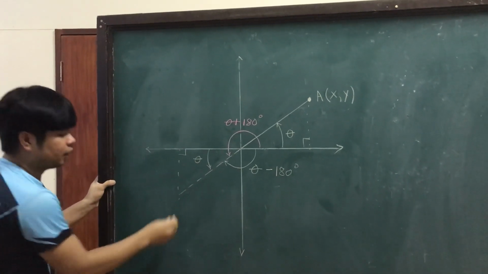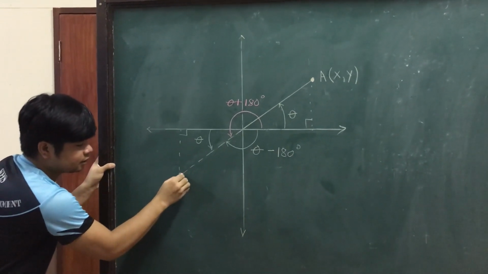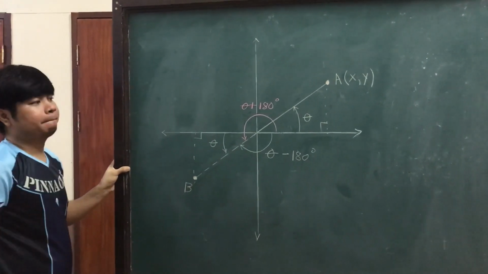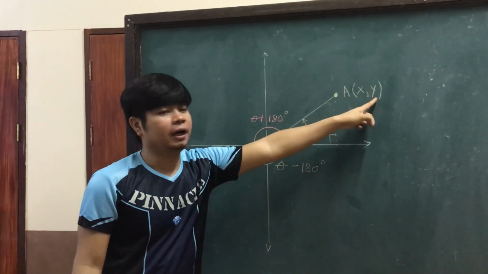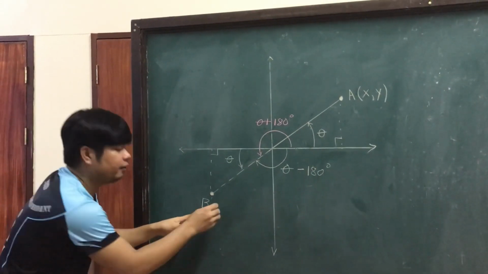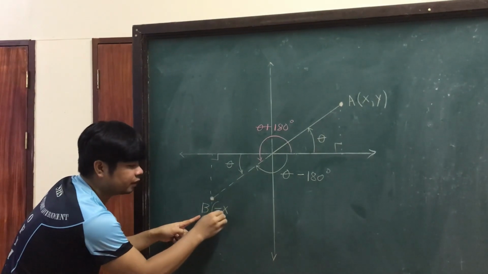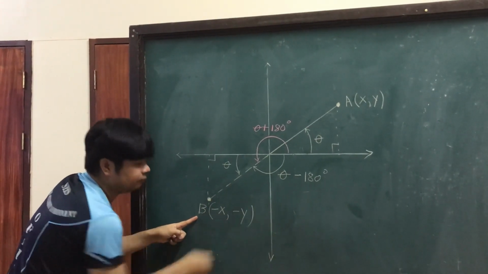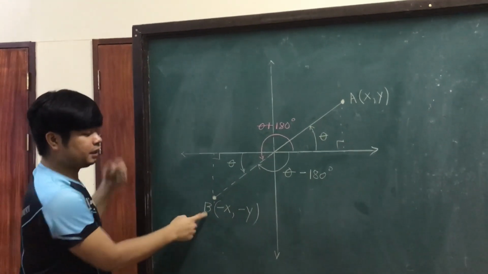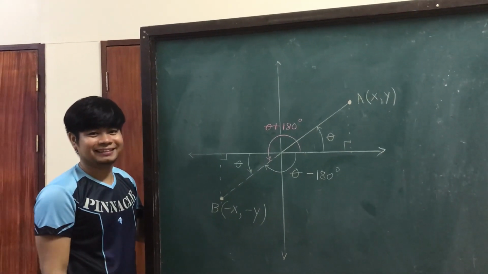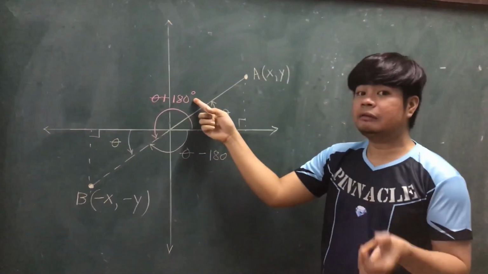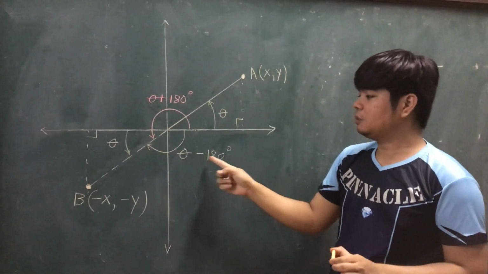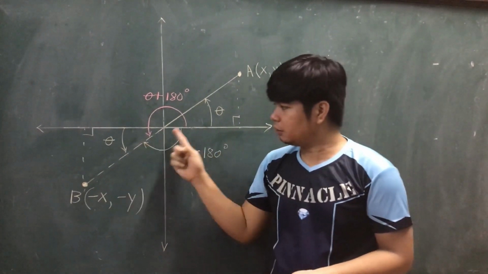So if I name this point B, and the coordinates of point A are x and y, B will have coordinates negative x and negative y, simply because B is found in the third quadrant.